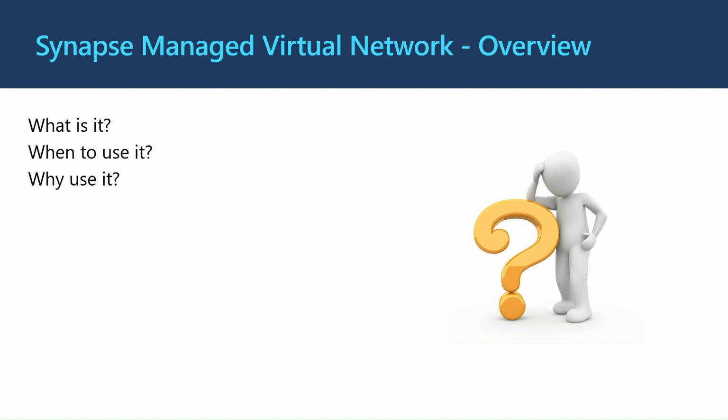So why use it? When public network is closed off, the overhead and management of such a configuration is a lot. It's complex, it's cumbersome, etc. So by using managed virtual network, we can lessen that workload, we can make it easier, and it can make it safer and more secure and more sustainable.